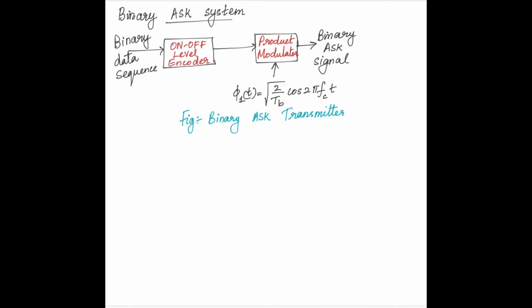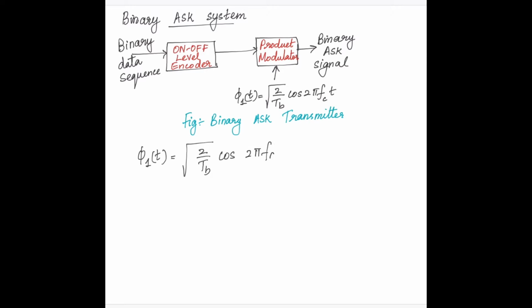When you consider a coherent ASK system, the basis function phi 1 of t is equivalent to root of 2 by Tb into cos of 2 pi fct for the interval 0 less than or equal to t less than or equal to Tb.